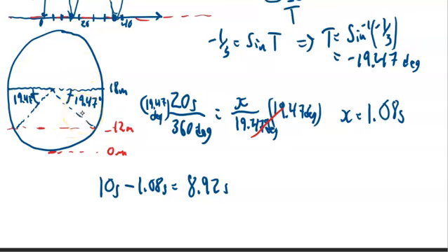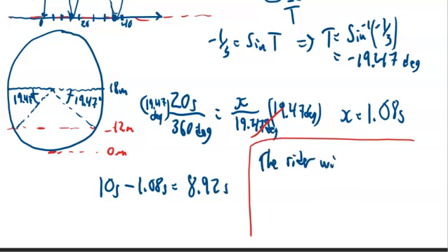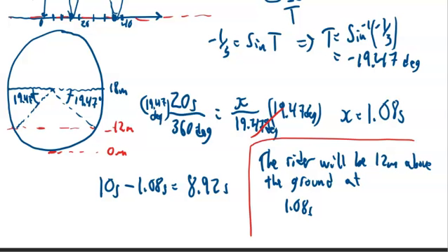And now every revolution, the rider will be 12 meters off the ground. So if we want to know all the times up to infinity, we'll say the rider will be 12 meters above the ground at 1.08 seconds plus n times 20 seconds, where n is how many revolutions the rider has made.